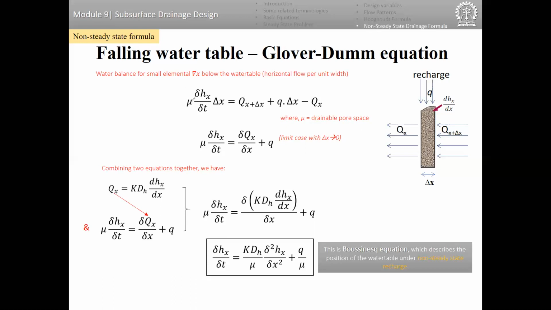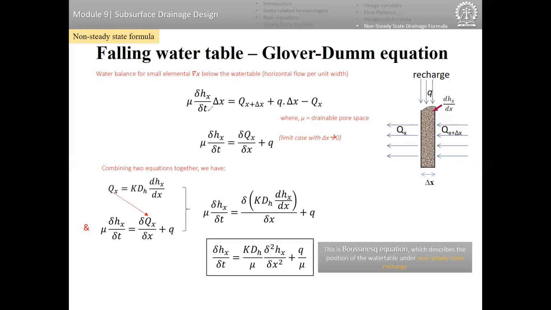So drainable porosity multiplied by dHx by dt multiplied by delta x is equal to Qx plus delta x plus the recharge over this portion, q multiplied by delta x, minus Qx.